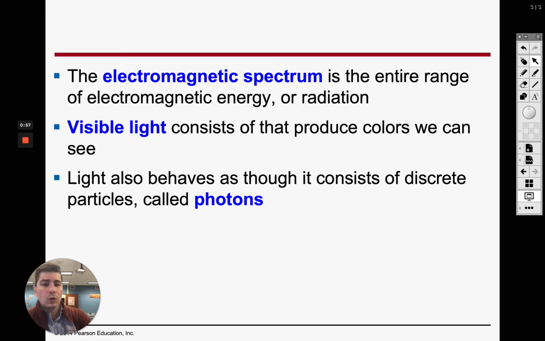So we're going to be using the visible light spectrum. I know there are a bunch of different areas of the whole spectrum, whether it's microwaves, radio waves, x-rays, all these different things. We are going to be focused on the part that we can see, which is just visible light.